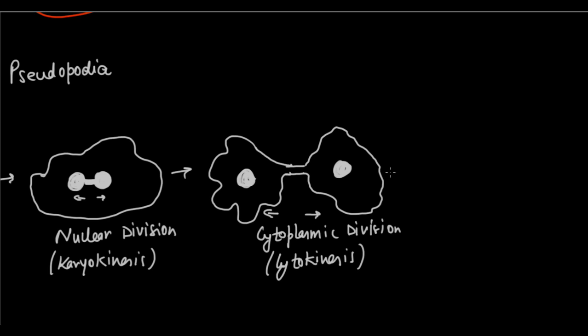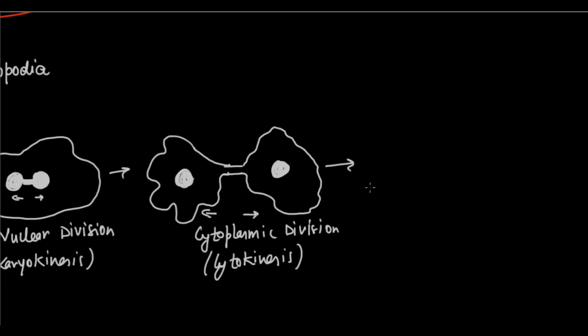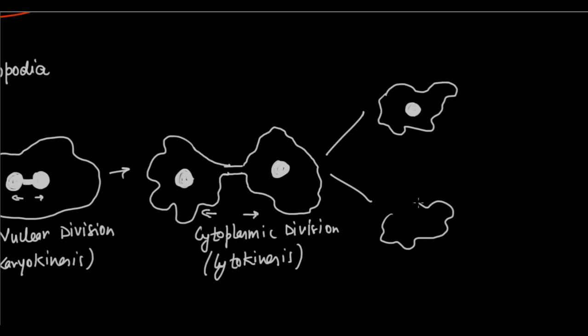And finally, we move on to the last step, that is two different amoebic cells. This is the first cell, and this is your second cell. So you will get two daughter cells after the process of division.